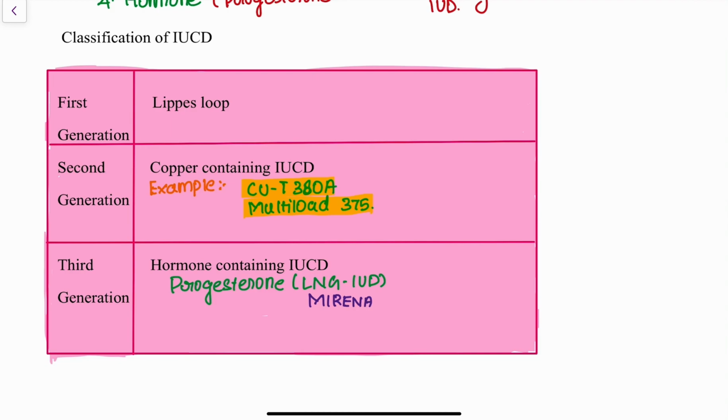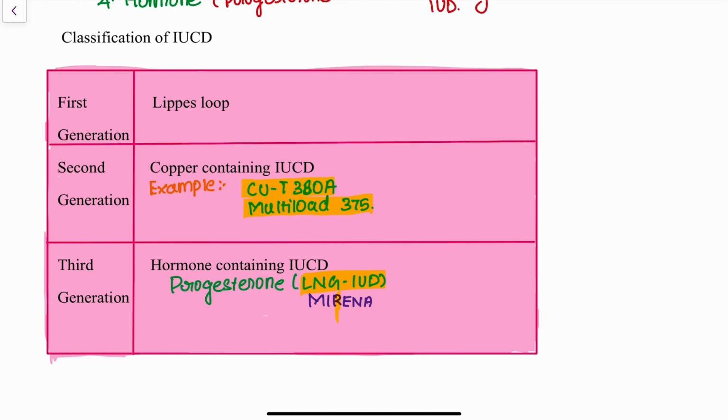These two are the copper containing intrauterine contraceptive devices which belong to the second generation intrauterine device. And the third generation is where the hormonal IUD comes into play. So the hormonal IUD, like the progesterone containing intrauterine contraceptive device, is the third generation IUD. I have written here LNG IUD.